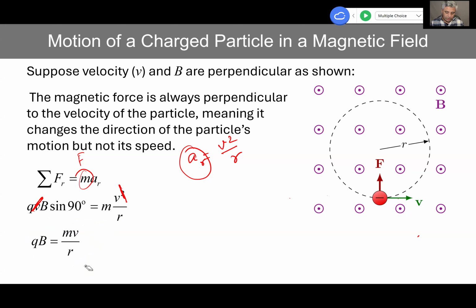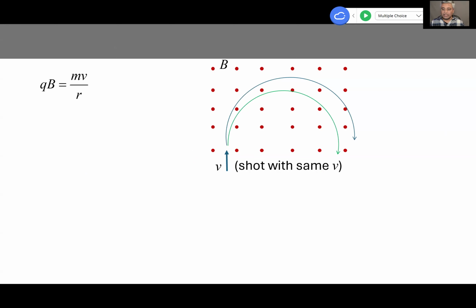So there are 5 of them; if we know 4 of them, then we should be able to solve for the 5th one. Okay, so that's what it is saying. So before we do a problem, here is one use called mass spectrometer. Oh, I did not write the title of the slide. Mass spectrometer.